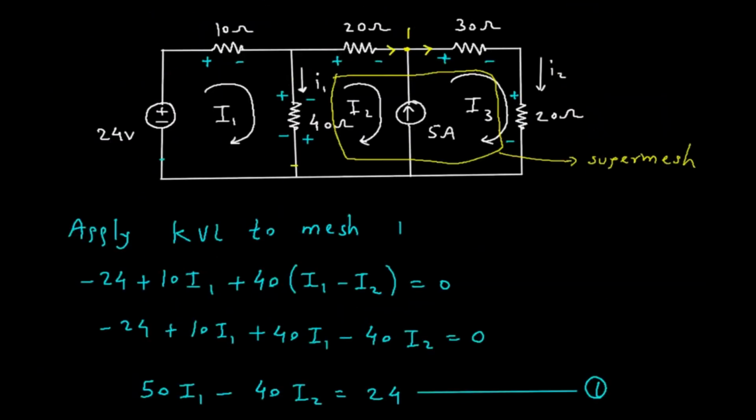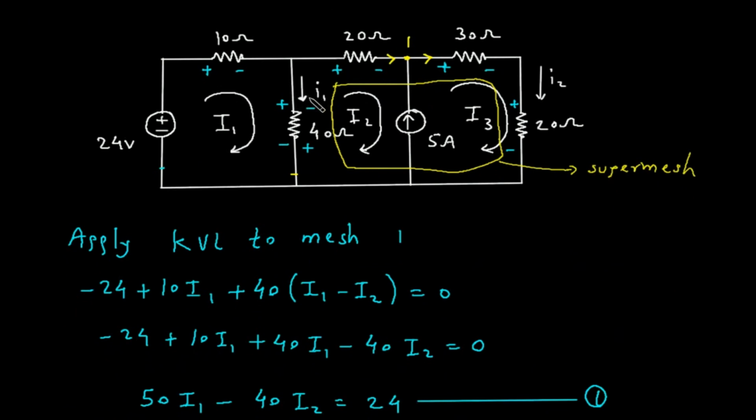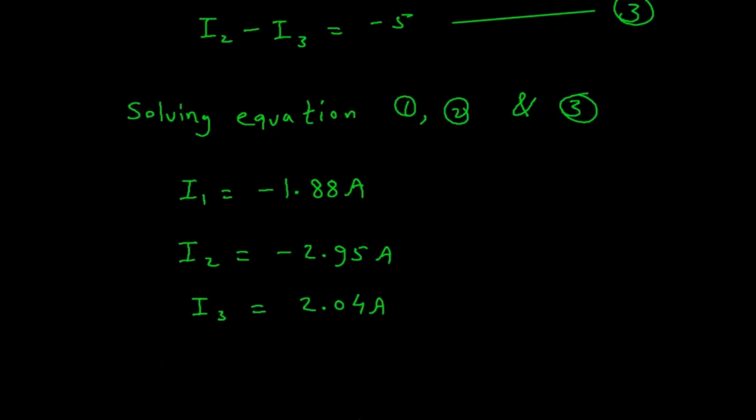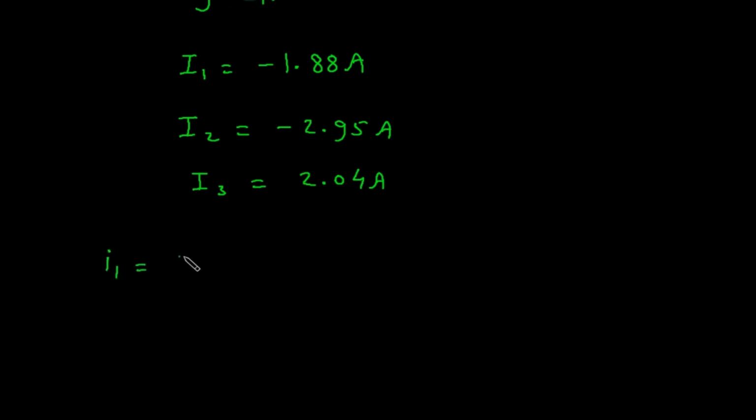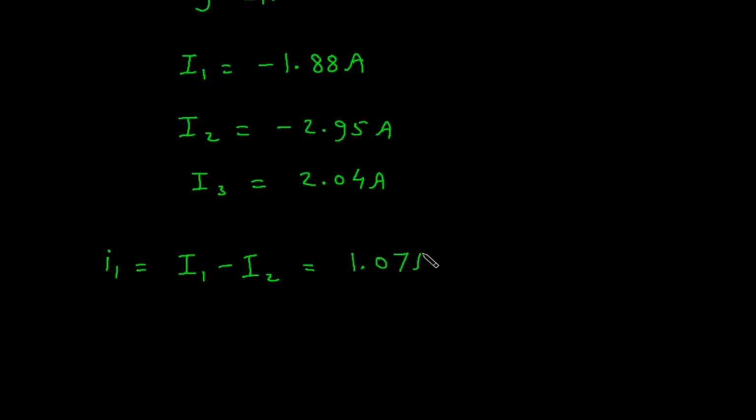What we have to find? We have to find I1 and I2. I1 is equal to I1 minus I2. So I1 is minus 1.88 minus, I2 is minus 2.95, which gives 1.07 ampere.